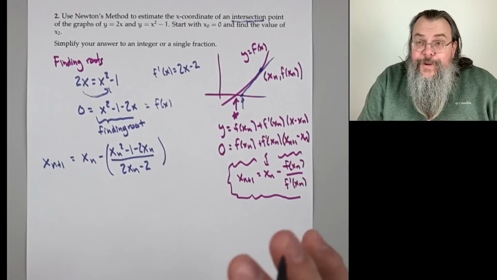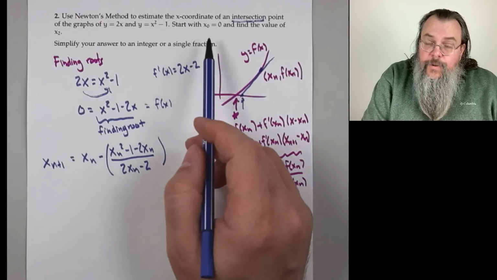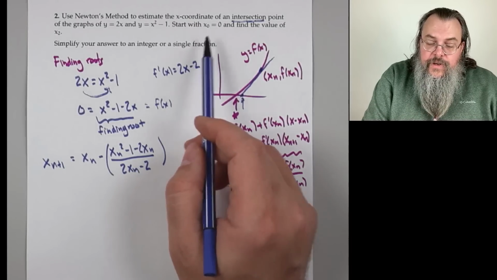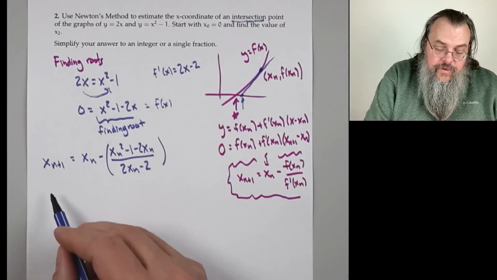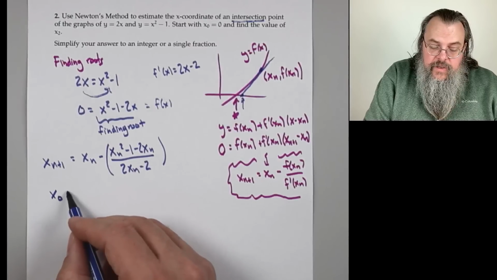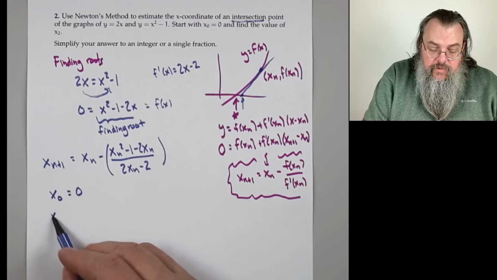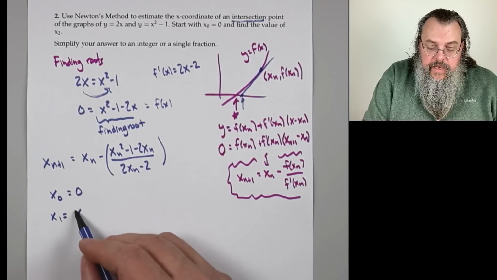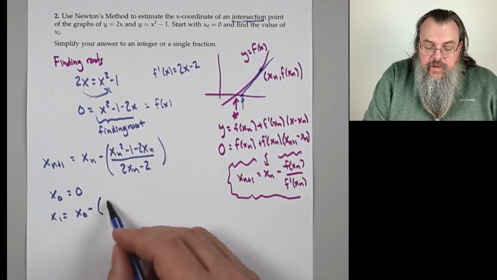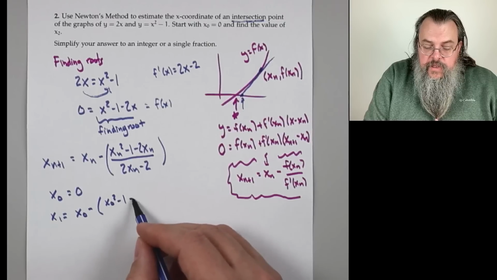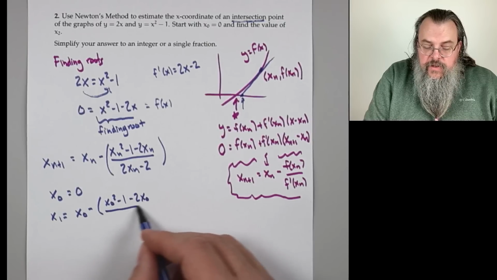Now, the fun part. So we know where we're starting, x0. We know where we want to get to, x2. So we say, all right, x0 is 0. So our next guess, x1, would be x0 minus x0 squared minus 1 minus 2x0 over 2x0 minus 2.